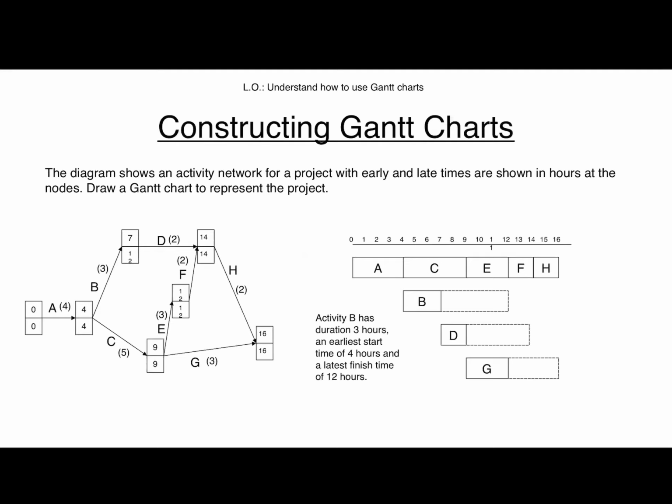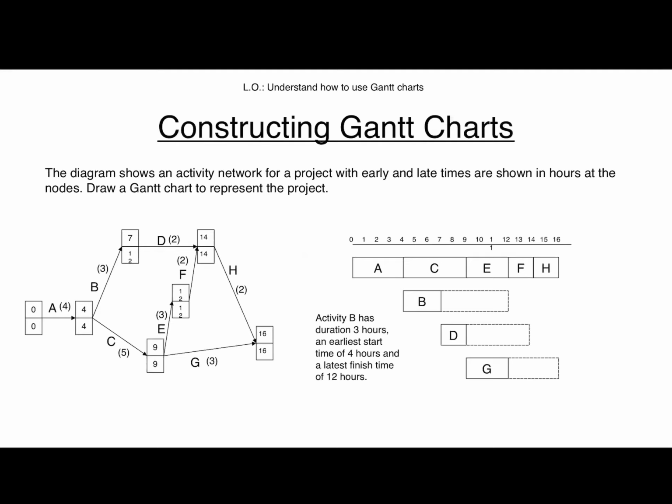Then is B a critical activity? Well, it's not, because it is not between two nodes with the same early and late event time. So B is not critical. C is critical because it is between 4, 4, 9, 9, and the float there is 0. Is D critical? D is not.